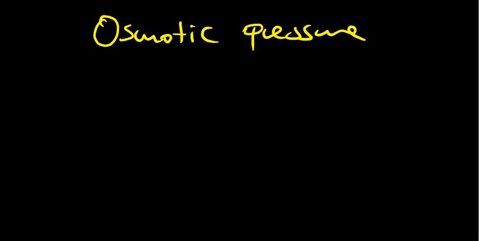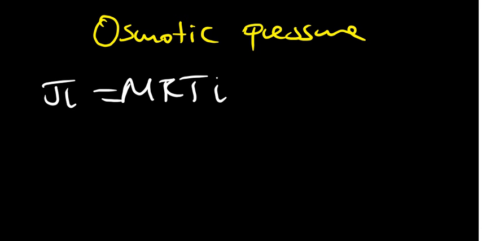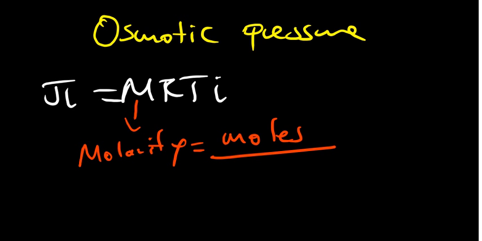Osmotic pressure, denoted by pi, is basically given as a product of mRT. Now you need to be careful when you look at the formula. Unlike the other part which we're going to talk about, this capital M denotes molality, which is basically given as the number of moles dissolved in a liter of the solution. Okay, very important to note that.